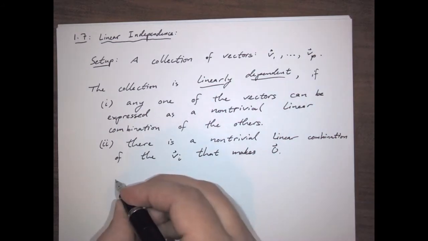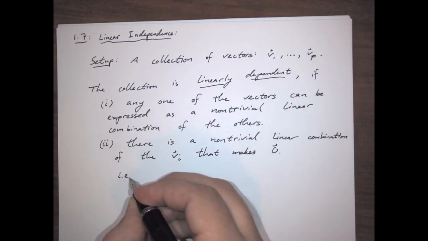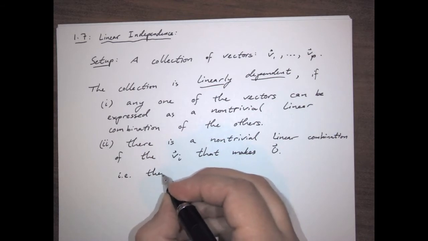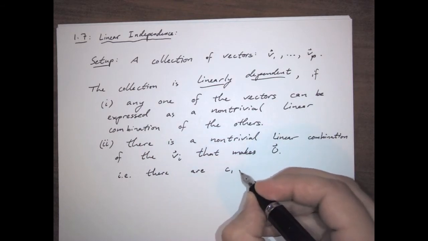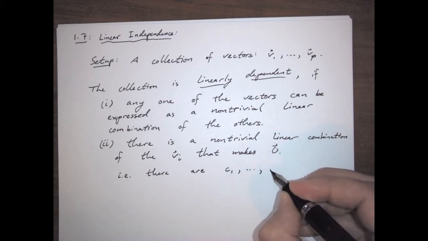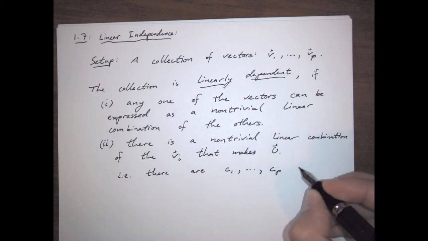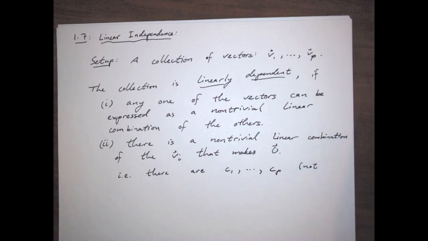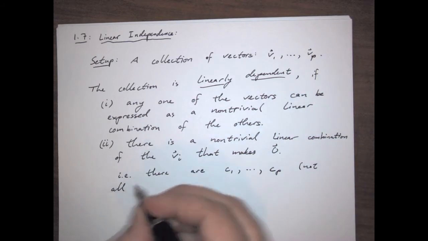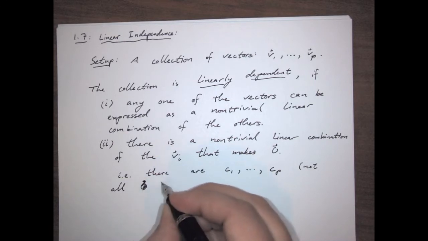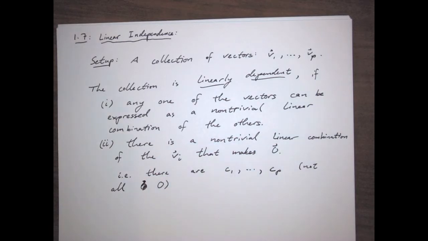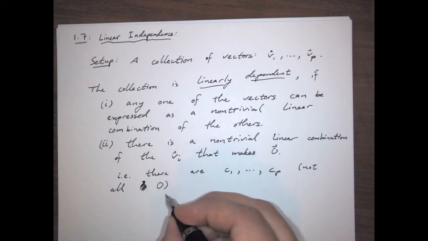In other words, there are c1 up through cp, not all 0, that's what makes it non-trivial. It's 0 the number, not 0 the vector.